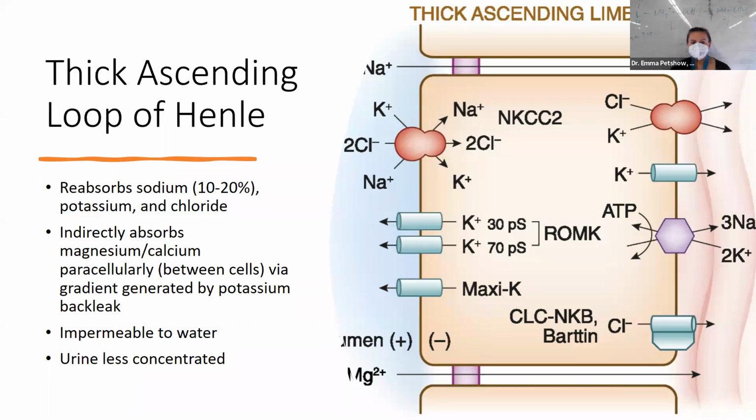So again, to orient you, this is your lumen, this is your blood. Lumen meaning where the urine is. So we're taking potassium, chloride, and sodium into the cell, and then chloride and potassium are moving through a symport together. Potassium is also going to passively move. And then we're using an ATPase to move sodium out in exchange for more potassium in.